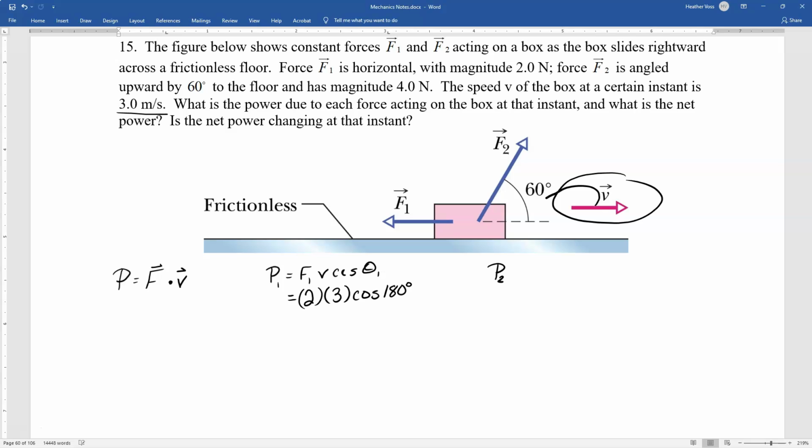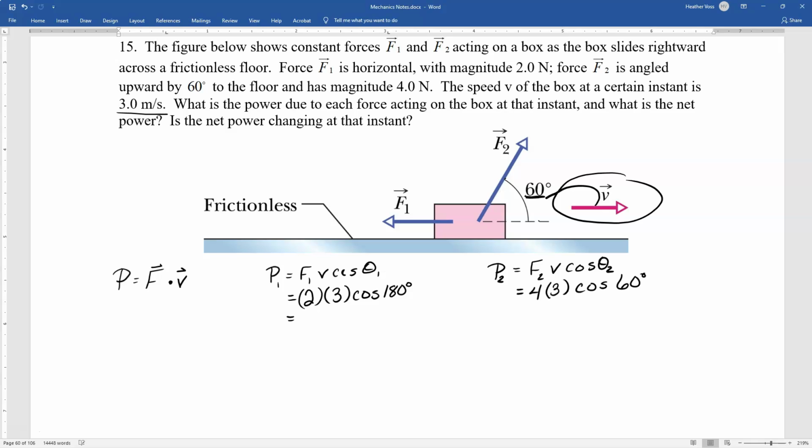For power from the second force, that's going to be force 2 times the velocity, cosine of the angle between those two. So my force 2 is 4 newtons. My velocity is 3 meters per second. Now the angle between the force and the velocity component, you can see, is just 60 degrees.